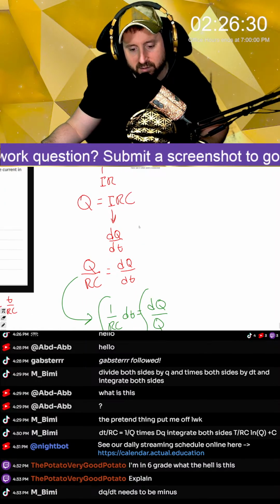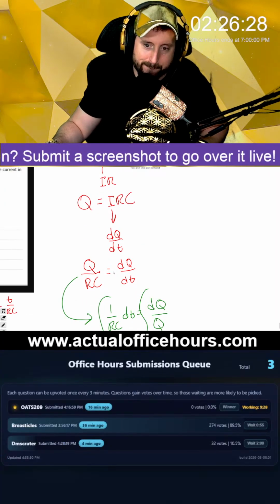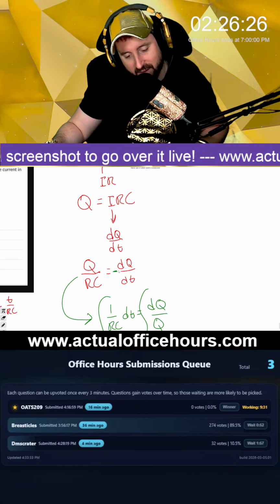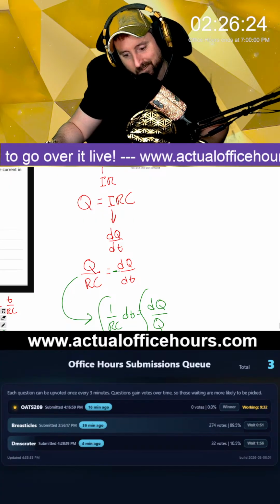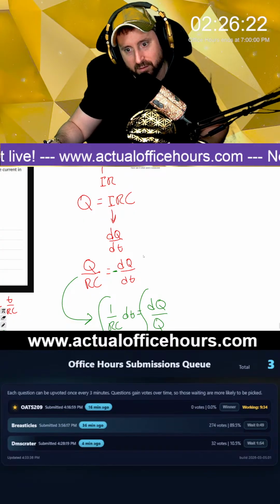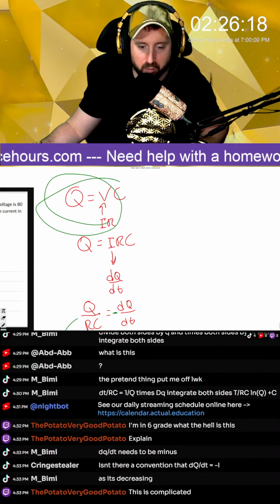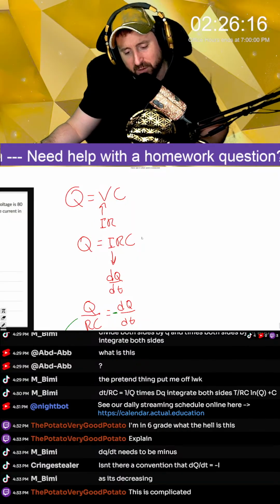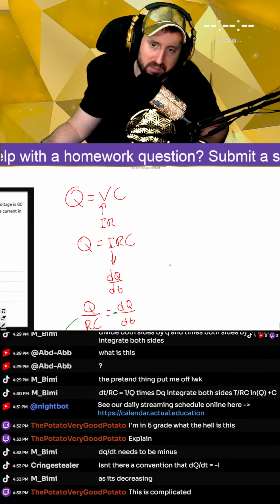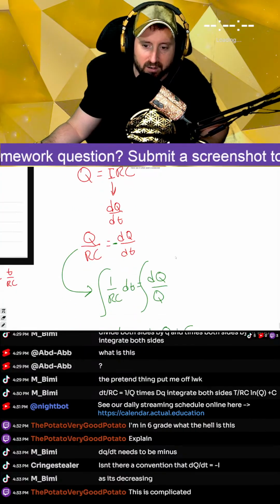dq/dt needs to be minus. Interesting. Current has to be negative? I wonder why that is. I get that it is decreasing. I'm just trying to think from this point of view. I guess the potential is flipped. It's something about the potential across the capacitor.